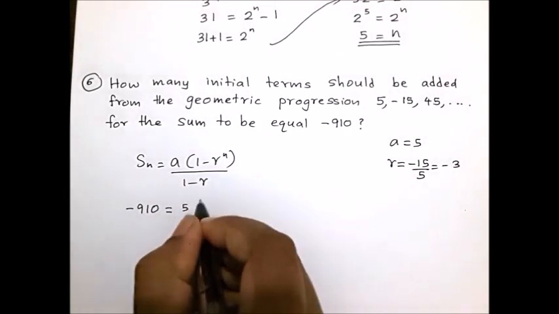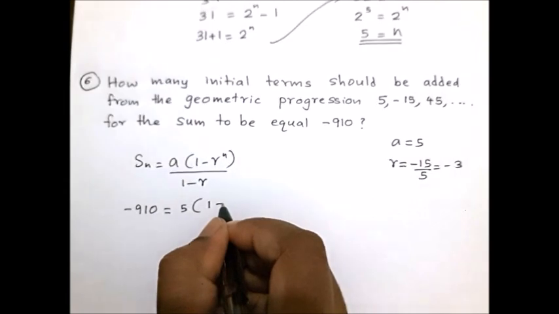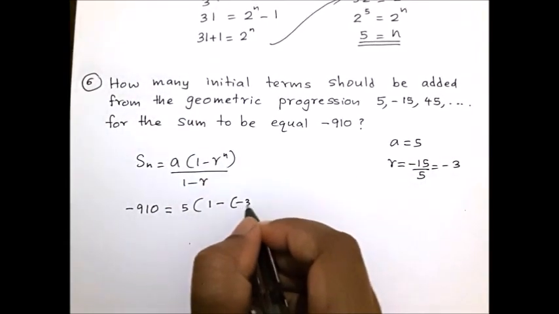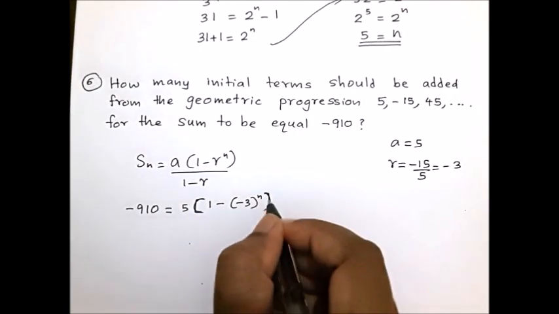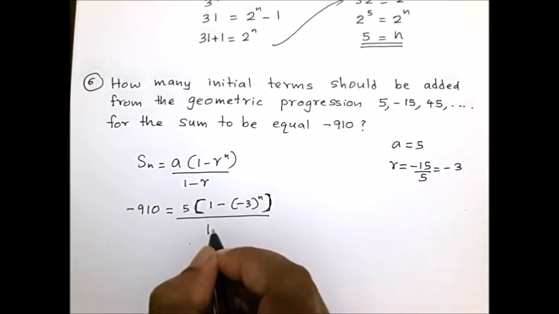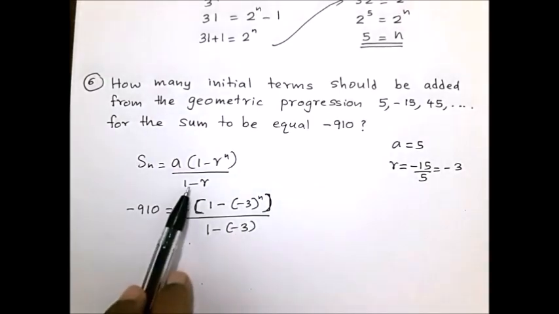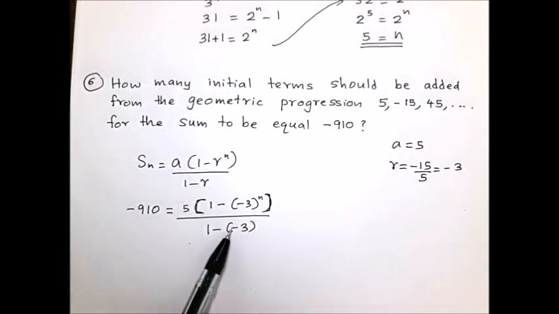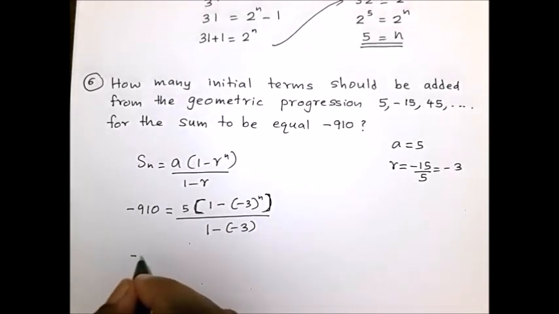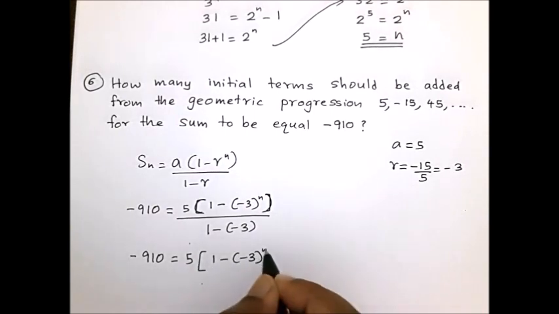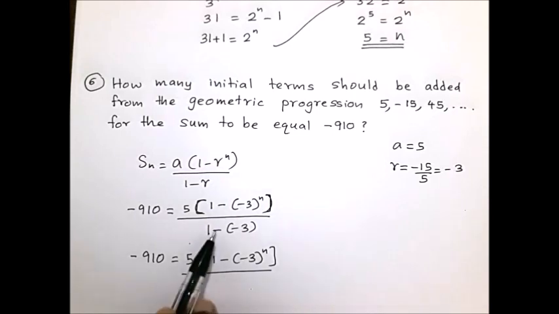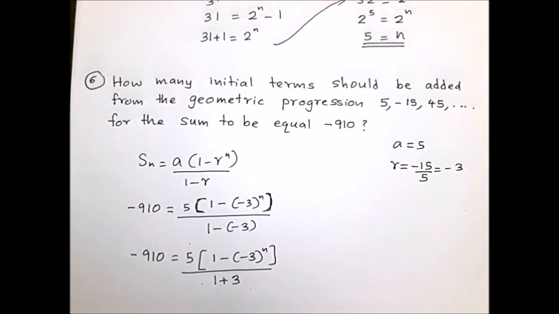First term is 5. 1 minus r, r is minus 3, to the power n. 1 minus minus 3. Here for r substitute again minus 3. Minus 910, 5. 1 minus minus 3 to the power n. Here minus multiplied by minus, it is plus. 1 plus 3, it is 4.